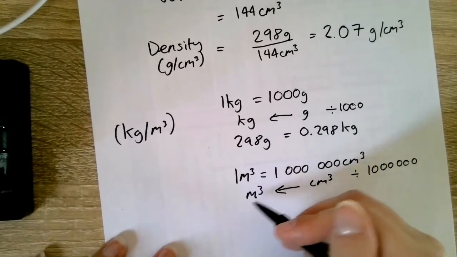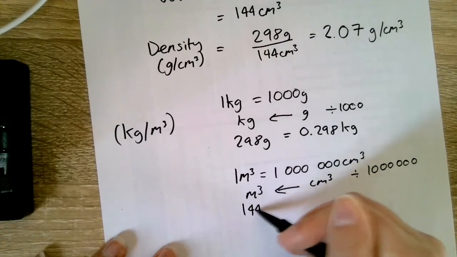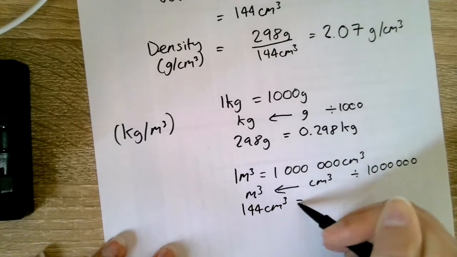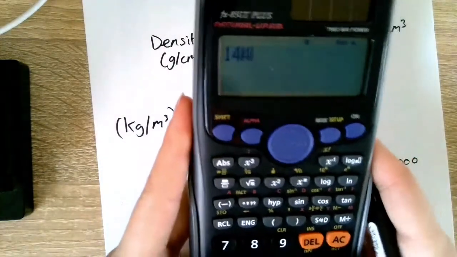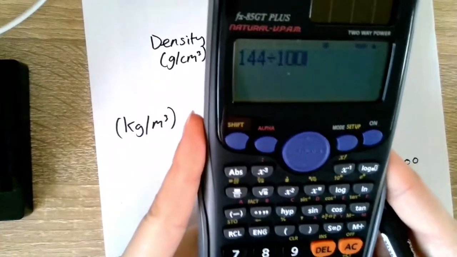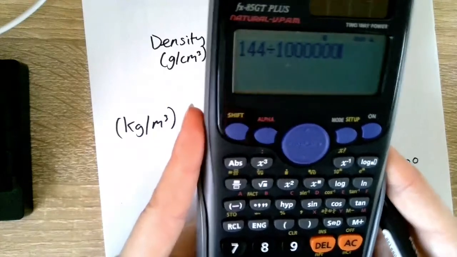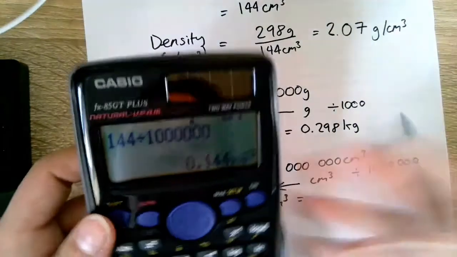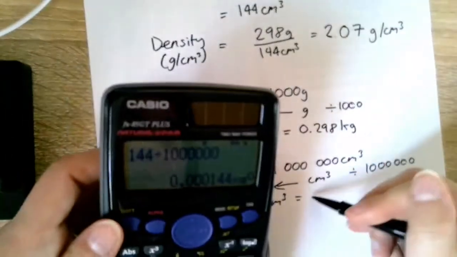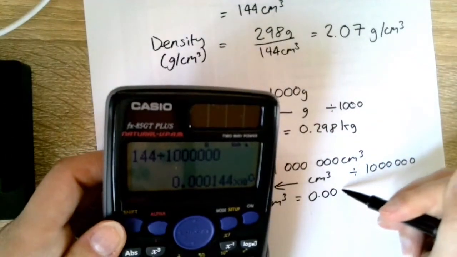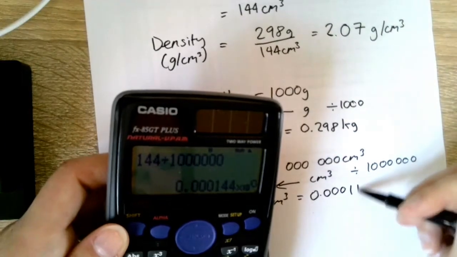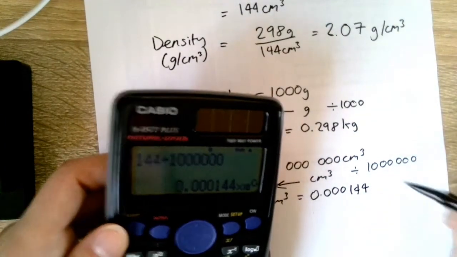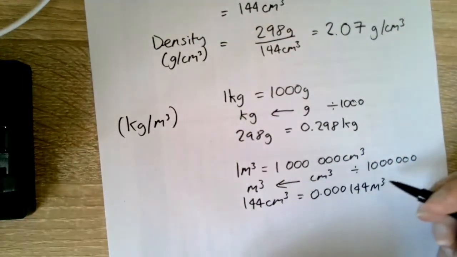So we have our 144 centimetres cubed. We have to divide by 1,000,000, which is 6 zeros. And that comes out to be 0.0000144 metres cubed.